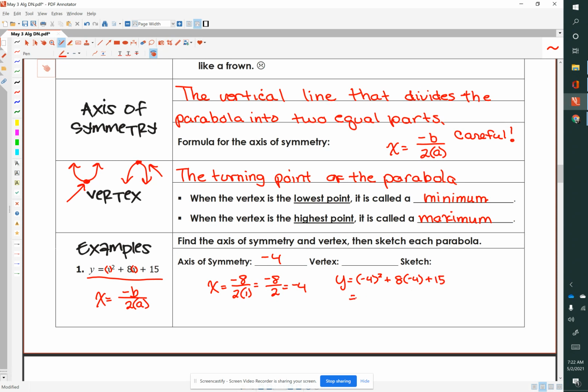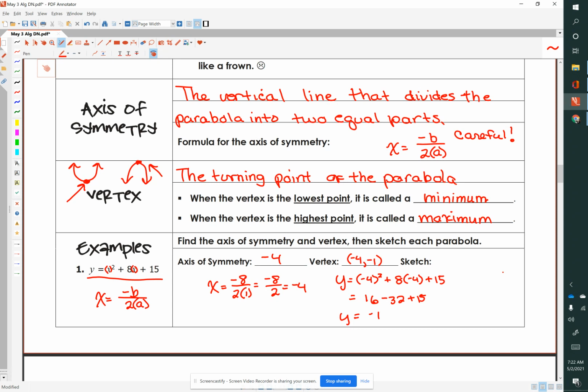Okay, and when we evaluate that, we have 16 minus 32 plus 15, which equals negative 1. So the vertex will be negative 4 is our x value, negative 1 is our y value.